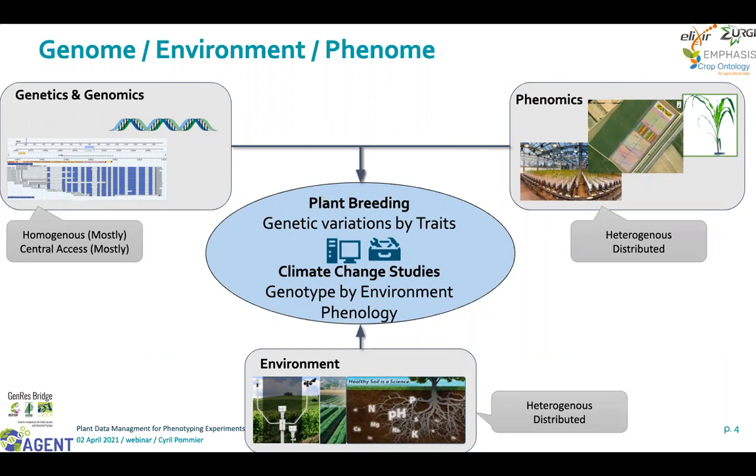So there is a real challenge at the phenomic level. Environment is also heterogeneous and distributed. And we need to be able to bring together all those data to do plant breeding, to study genetic variations by traits, climate change studies, genotype by environment studies, phenology, etc.